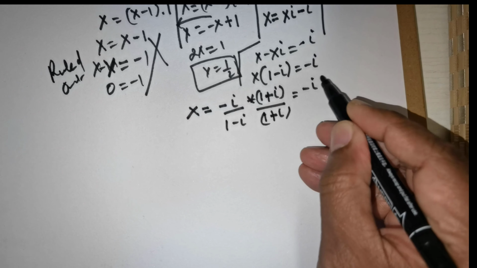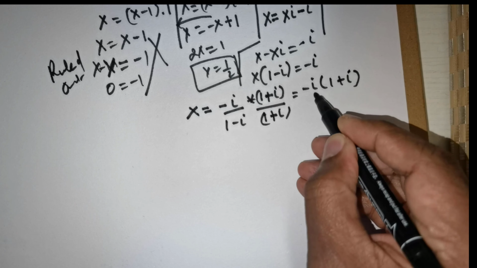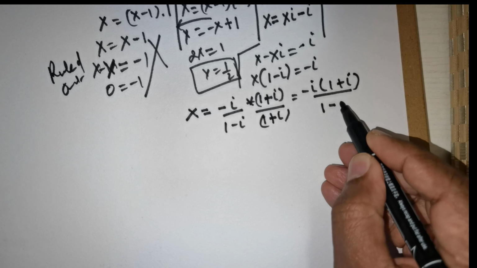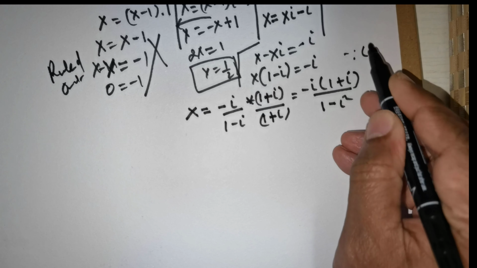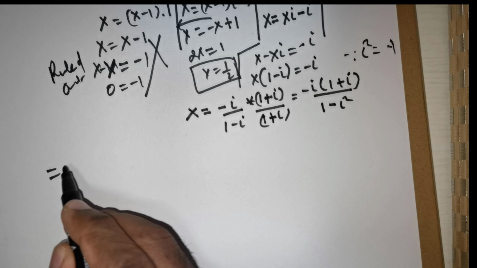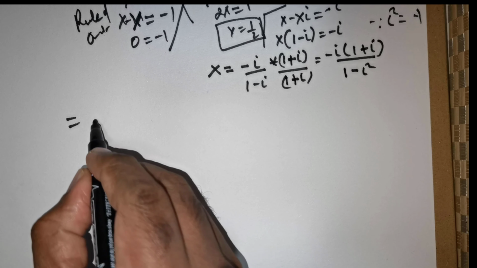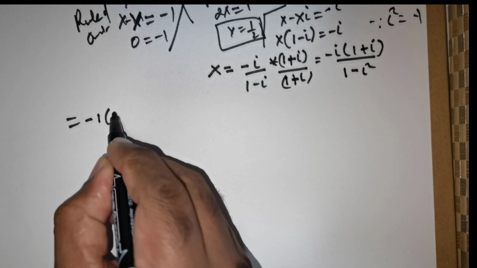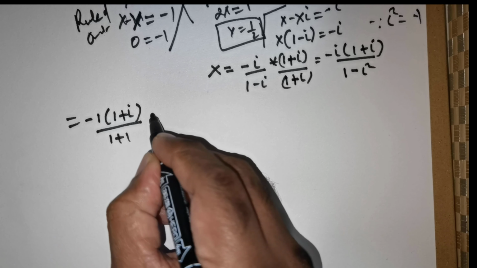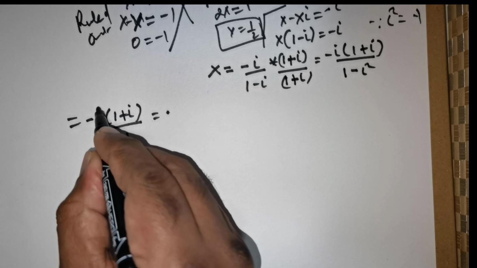This is going to be -i times (1 + i) divided by 1 - i squared, but i squared is equal to -1, right? So this is equal to -i(1 + i) divided by 1 + 1, which is 2.